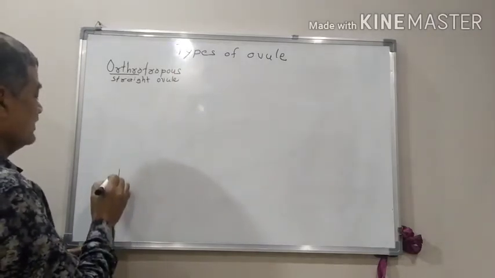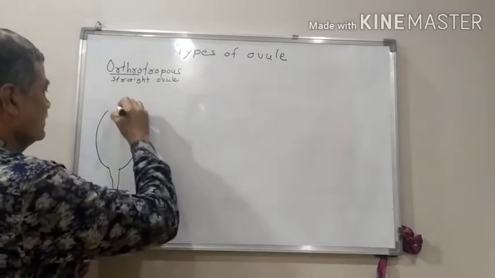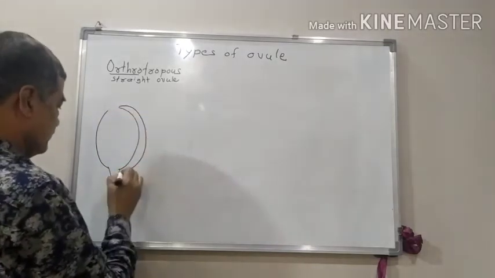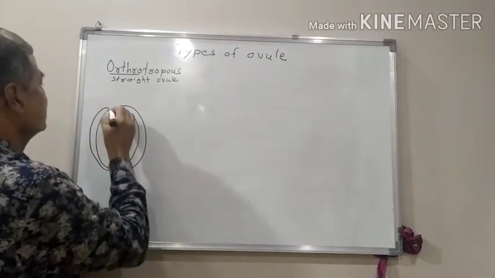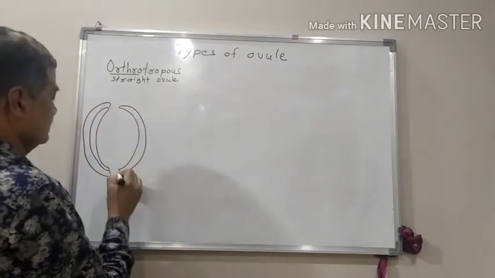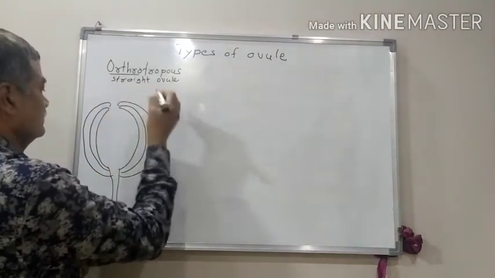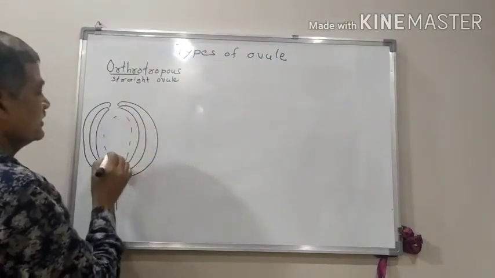On this funicle, two integuments arise. Then it consists of the nucellus.